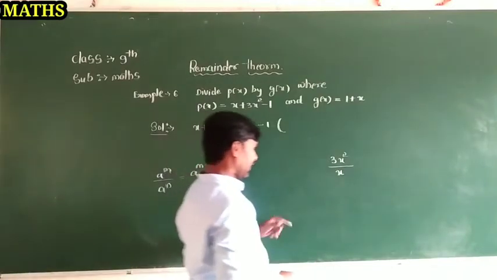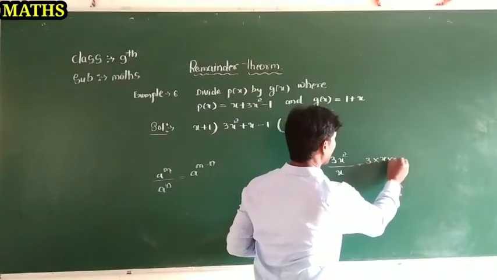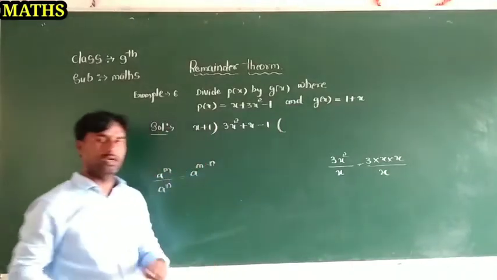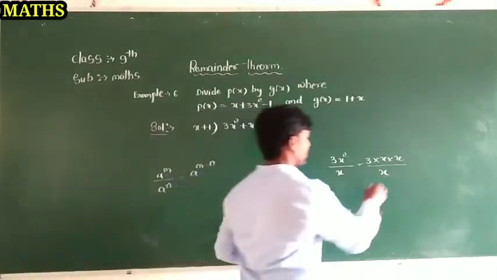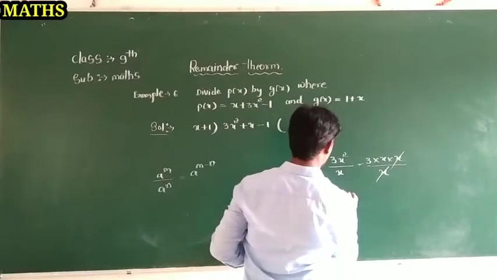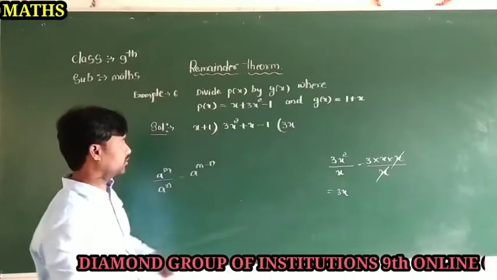Similarly, like that only. Here 3 as it is, and x square upon x is how many times? Only one x is in the denominator, so one x gets cancelled. Remaining is 3x. That 3x you should write here. That is the quotient, dear students.